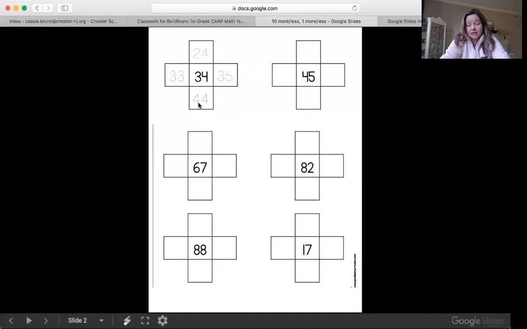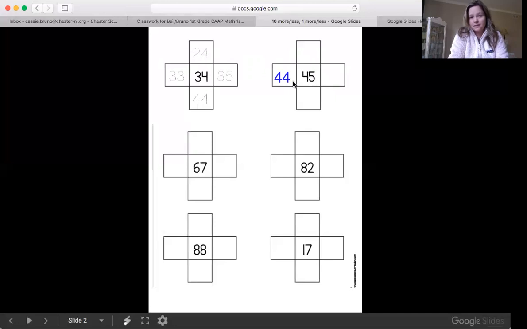This is really a tricky concept. We're going to do it together, but feel free to pause, maybe try it, and then come back and see if you got it. Okay, so here we go. We're going on to this one. So we're at 45. Remember, ones. So what comes before 45 is 44.